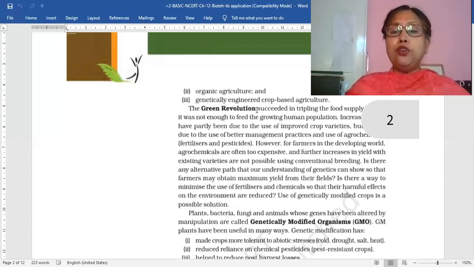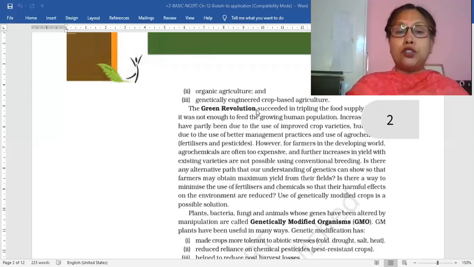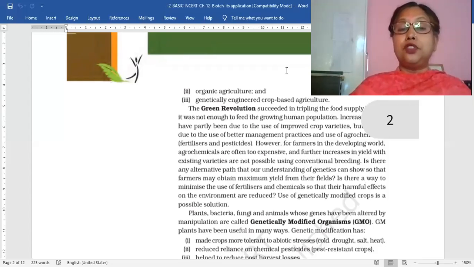And blue revolution means fish production. Aquaculture is about aquatic life and all, and pisciculture is only about fishes. Why are we looking for all this? Because these are different approaches to get food.